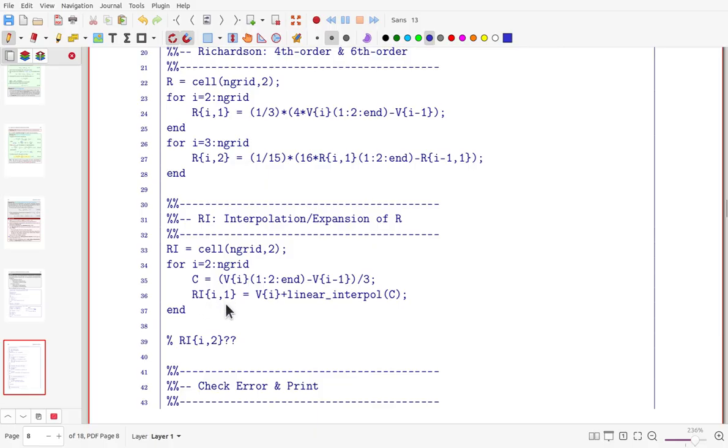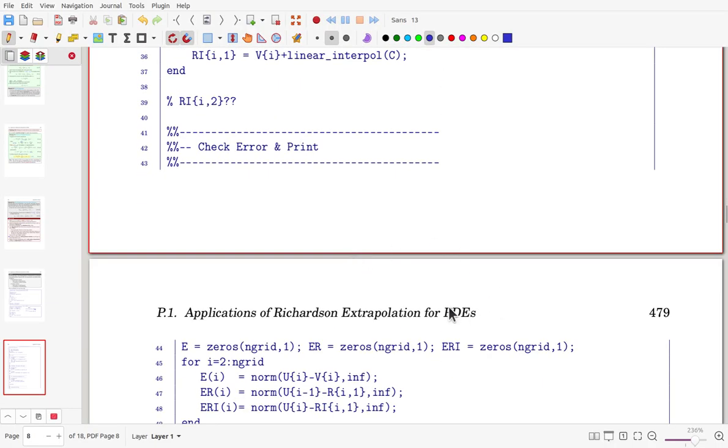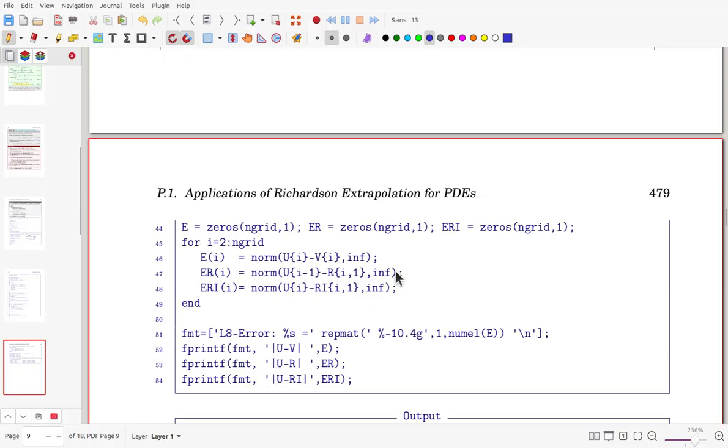This is the fourth order one. Now for the sixth order one, you should finish this portion for that second column to get sixth order, possibly, and then you can check the error.